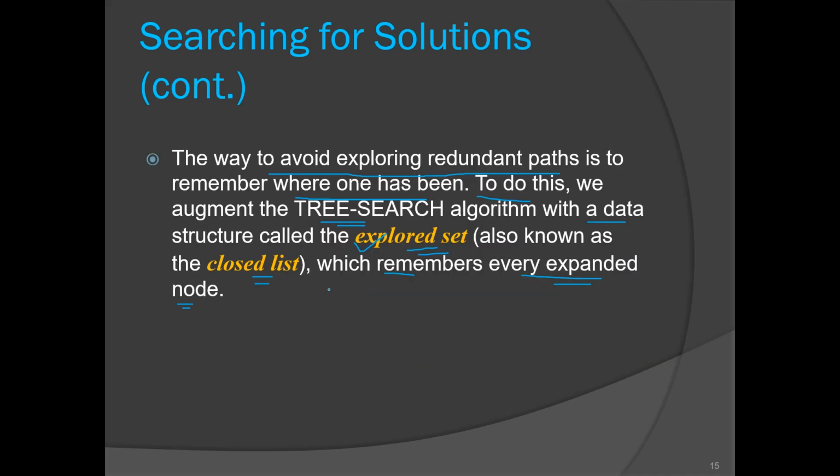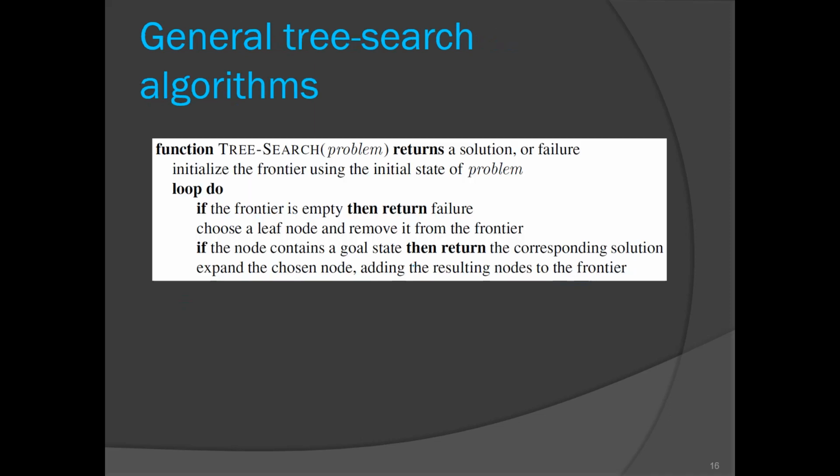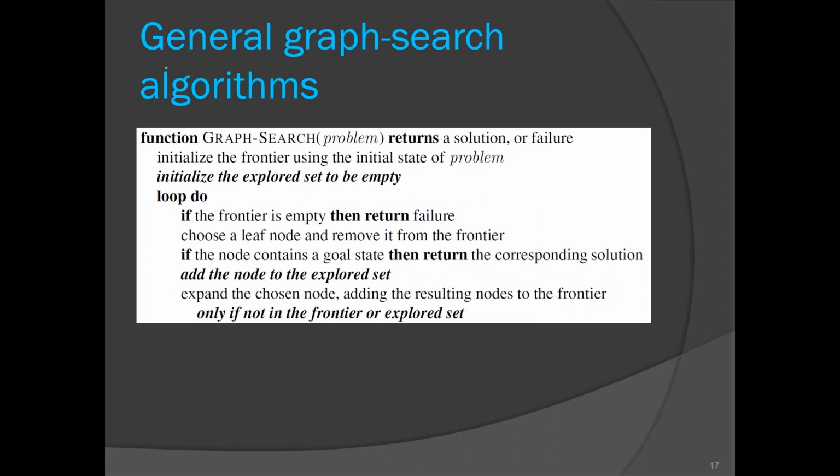So when we don't maintain the explored set, that search algorithm is known as tree search algorithm, and when we maintain the explored set, that algorithm is known as graph search algorithm. So we are going to see that. This is the general tree search algorithm, this is a pseudocode for that. Here as you can see, we are maintaining only the frontier, and the second one is the general graph search algorithm.